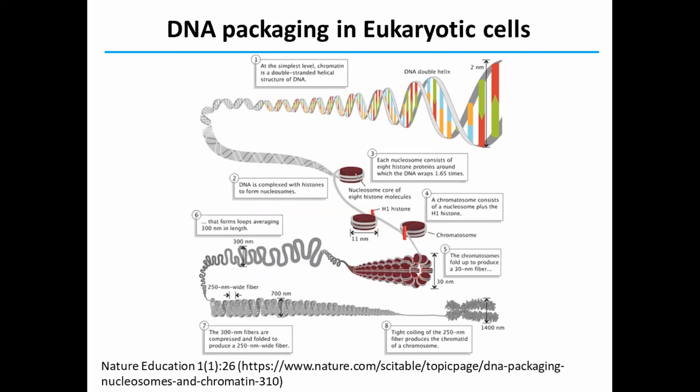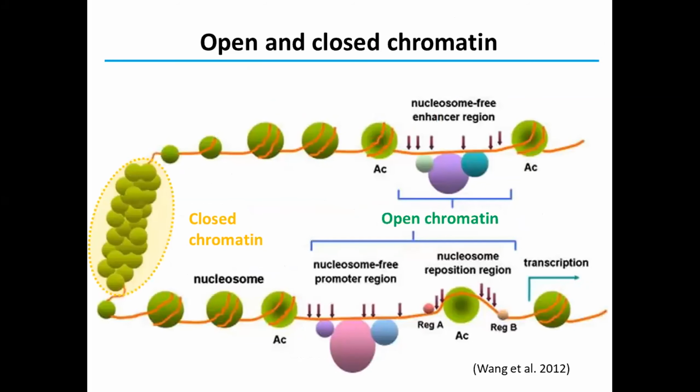Different chromatin regions are packed to different levels, with some regions tightly packed, which is called closed chromatin, while other regions are nucleosome depleted. Those regions are accessible to the transcription machinery and probing molecules such as DNase I or the Tn5 transposase. Those regions are called open chromatin.